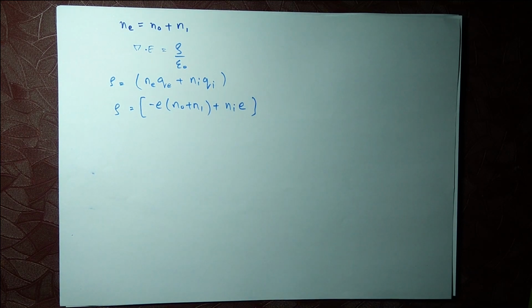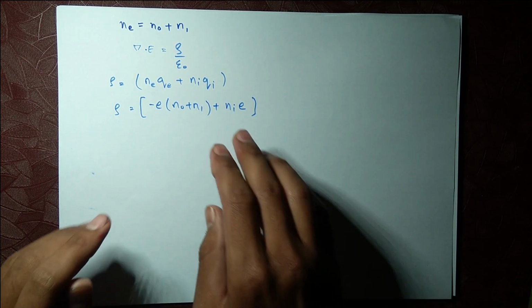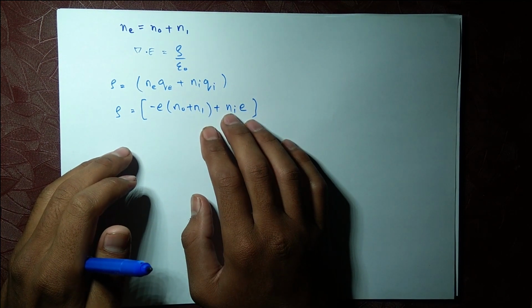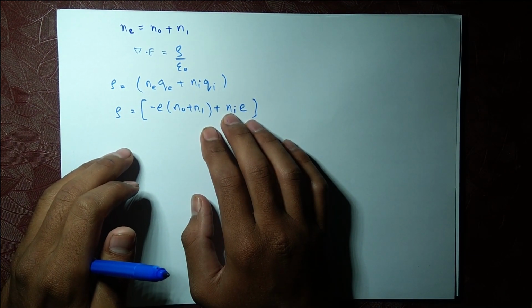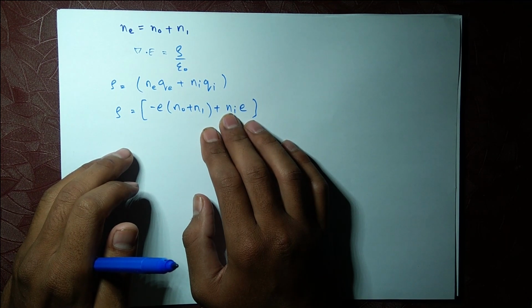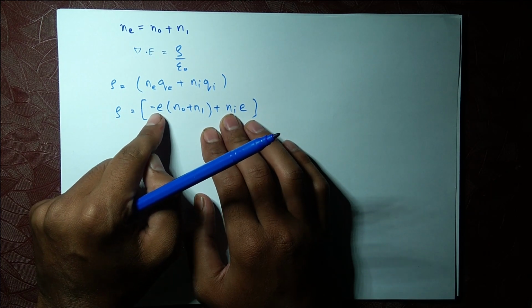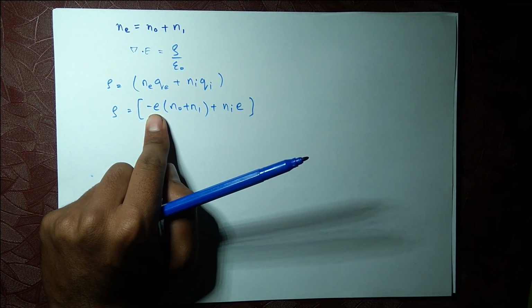As I told you earlier in our previous lectures, these ions are relatively at rest. Positive ions are relatively at rest compared to electrons. Why are they at relative rest?